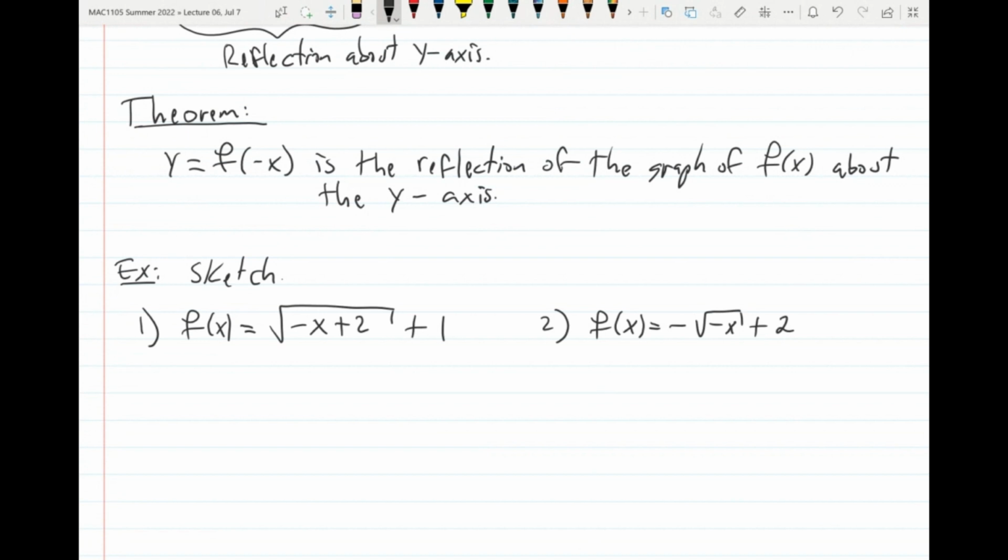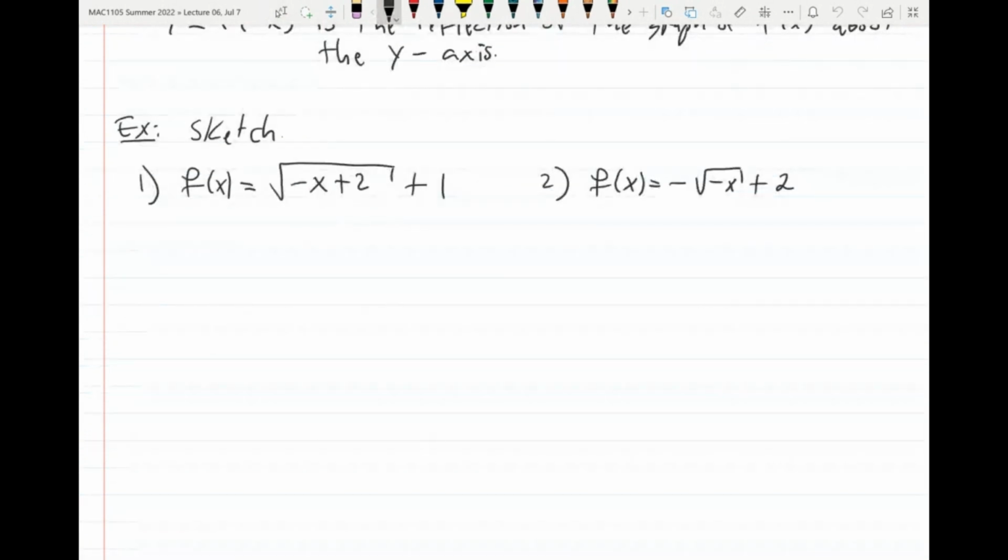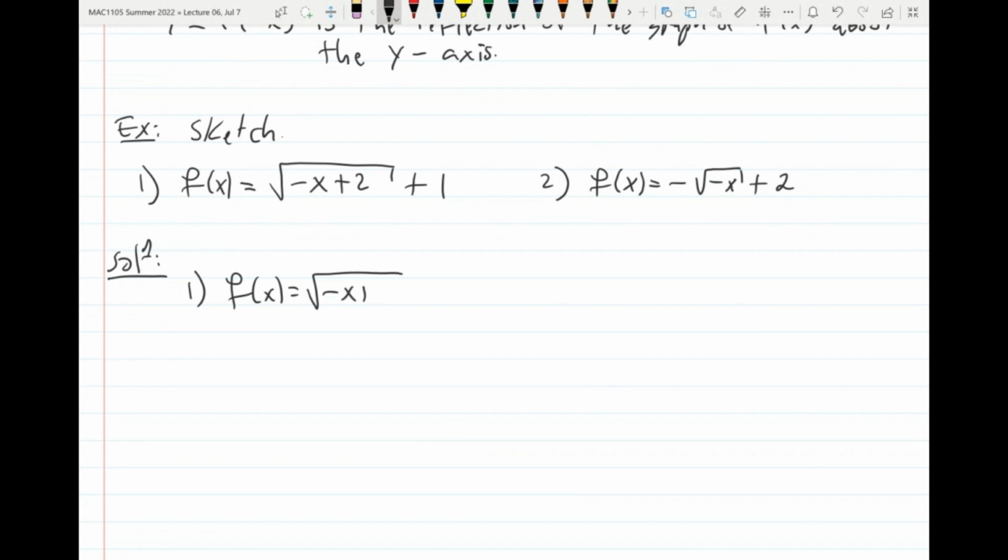So remember, as a general rule, when you start graphing, first take care of any reflections before you start moving around. Okay? All right, so let's see. Let's talk about number one. So number one is a function f of x equals square root of negative x plus 2, plus 1.